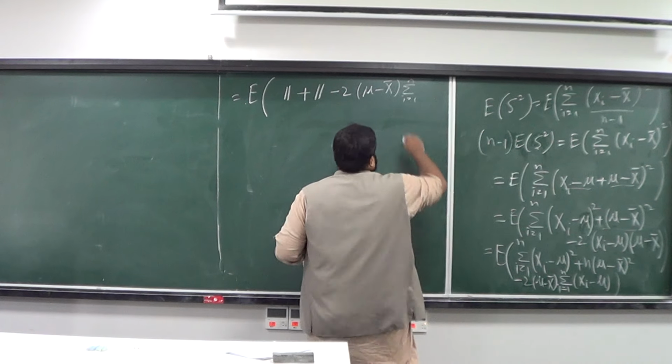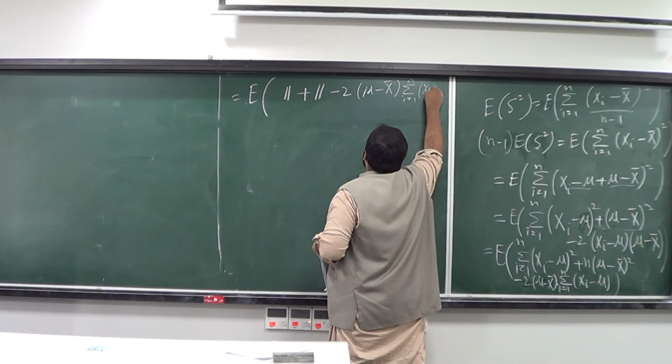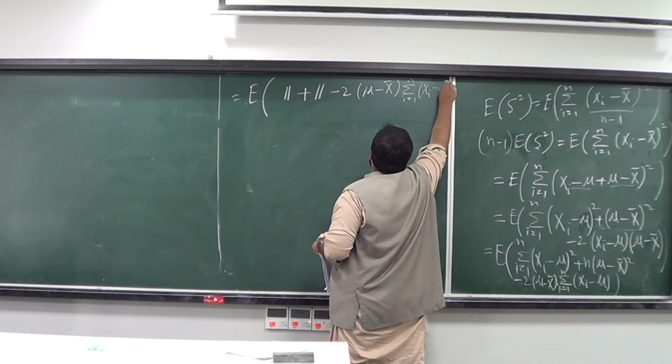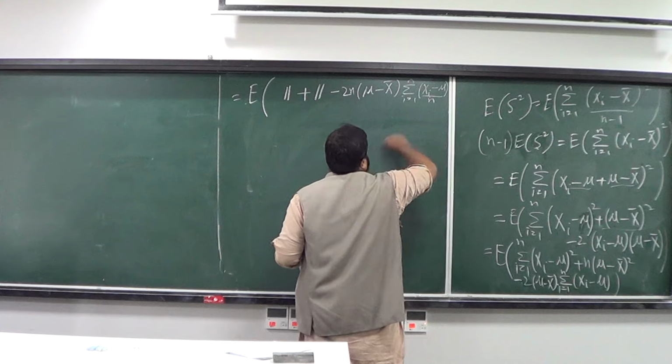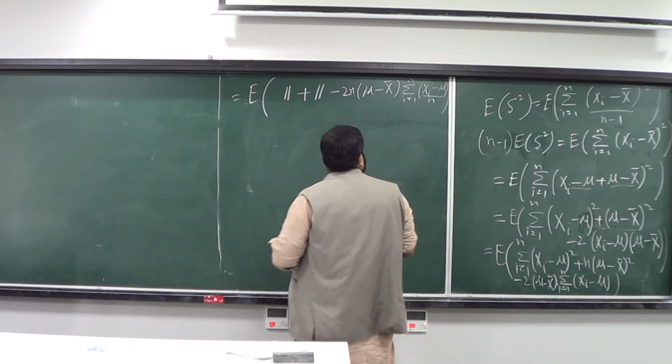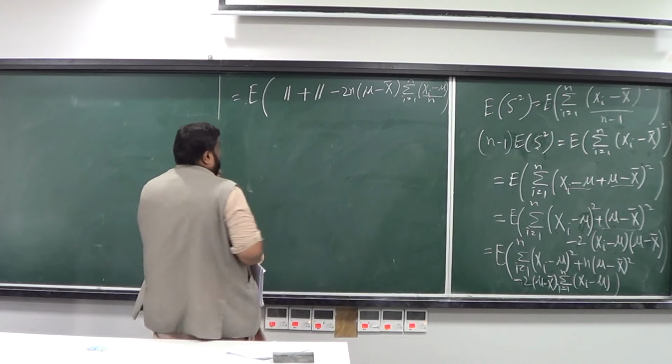So if I take xi minus mu and divide it by n and multiply it by n, what are you going to get?